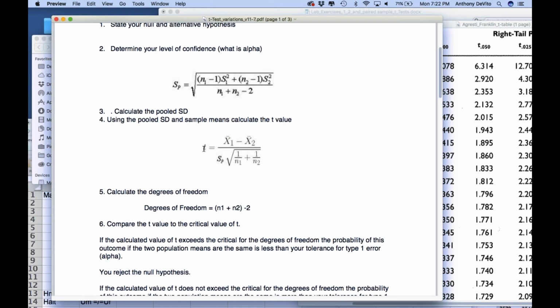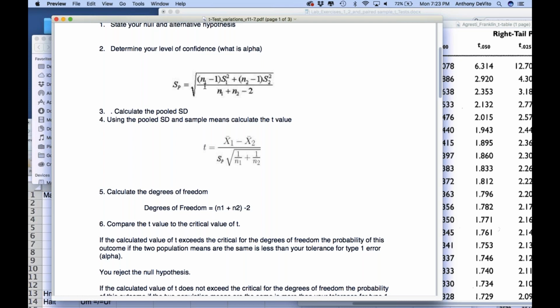So we want to calculate a t-score: the difference between the 2 means over the standard error. The standard error is based on a pooled standard deviation and the 2 sample sizes. That pooled standard deviation is basically a weighted average of the 2 standard deviations for each of the samples, and we calculate it from this formula. Not that complicated, so let's take a look at it in our case.